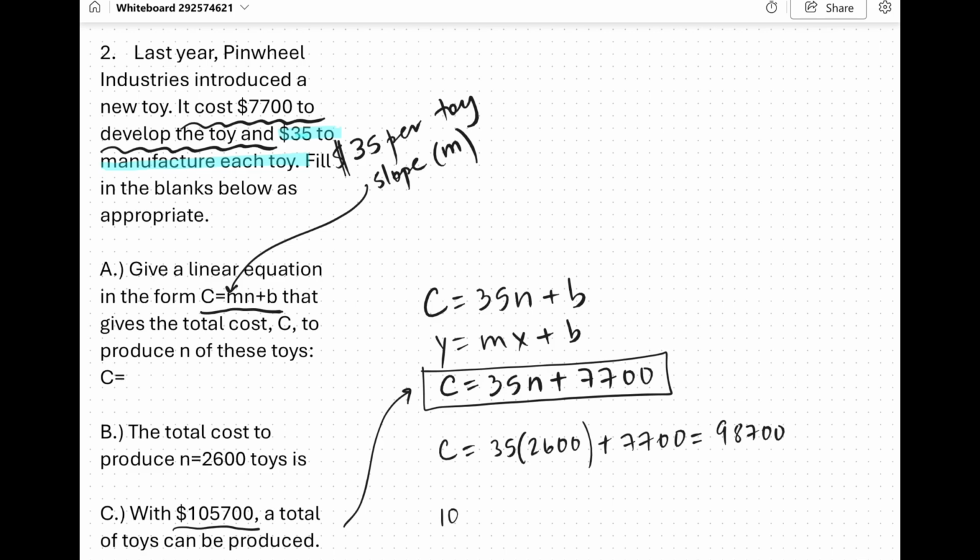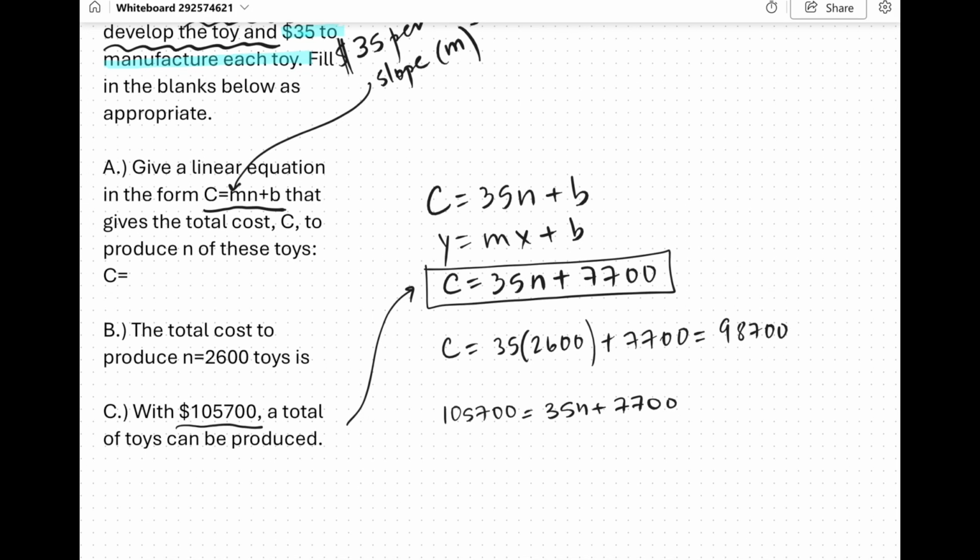So 105,700 equals 35n plus 7,700. This one requires solving. We have to find n. So I will first remove my 7,700. Since this 35 here needs to go last because that's multiplication. We always remove multiplication last. So 7,700 goes here through subtraction.